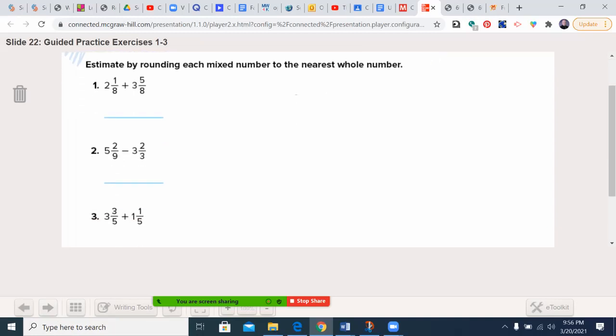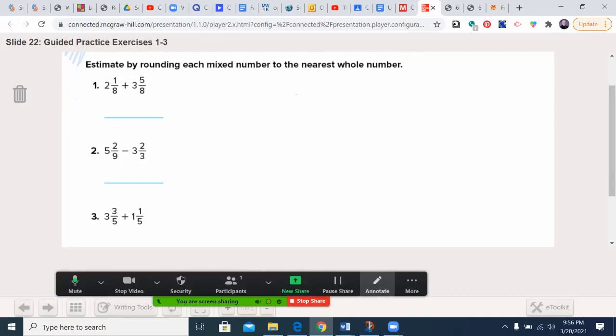Let's try our guided practice. I'm going to ask you to do all 3 of these. When you do that, you're going to pause the video, do all 3 by rounding each mixed number to the nearest whole number. Pay attention to whether it's adding or subtracting. And then we will go over these on the flip side. You may go ahead and pause the video now.